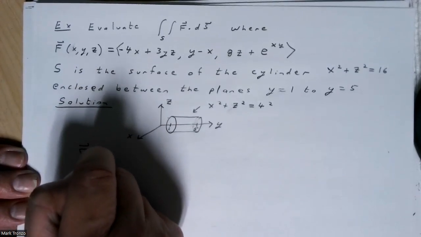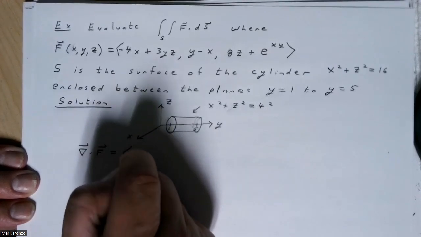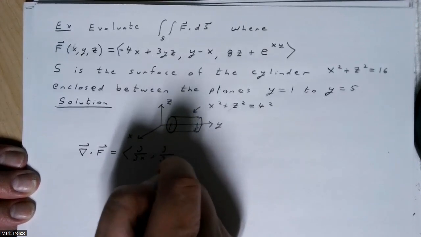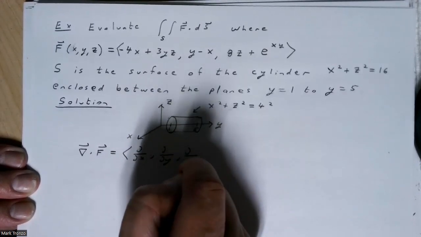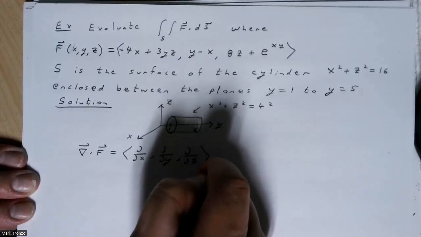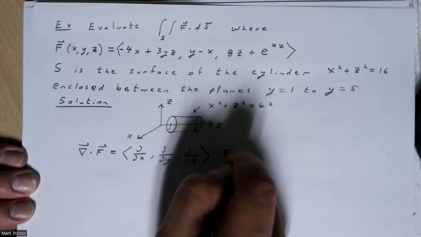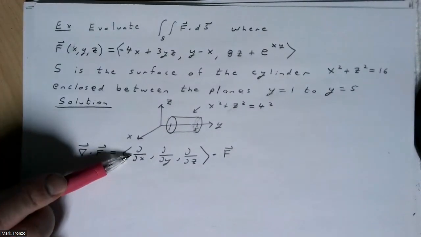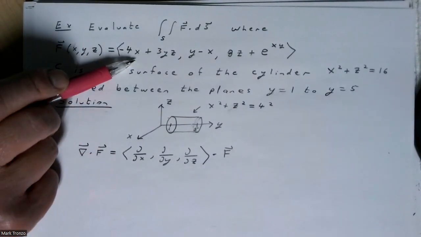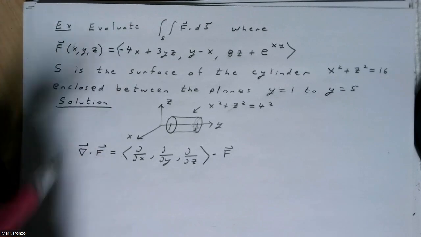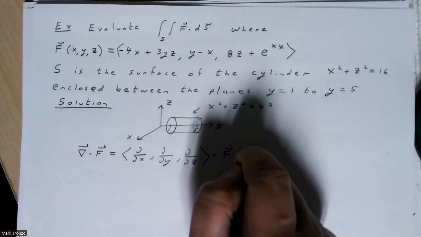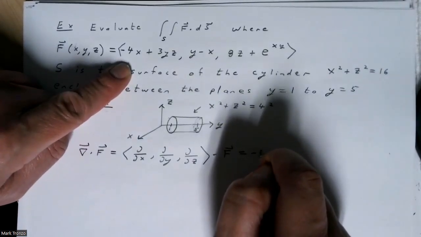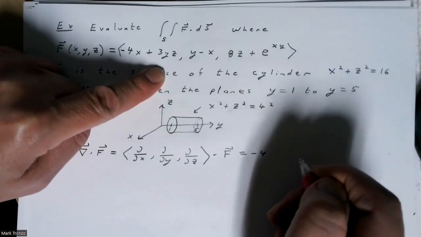First, let's do the divergence, divergence of F. Once again, remember what that is. That's d/dx, d/dy, d/dz dotted with F, like this. So this is going to be the derivative of the first component with respect to x, and that's going to be -4 plus 0.